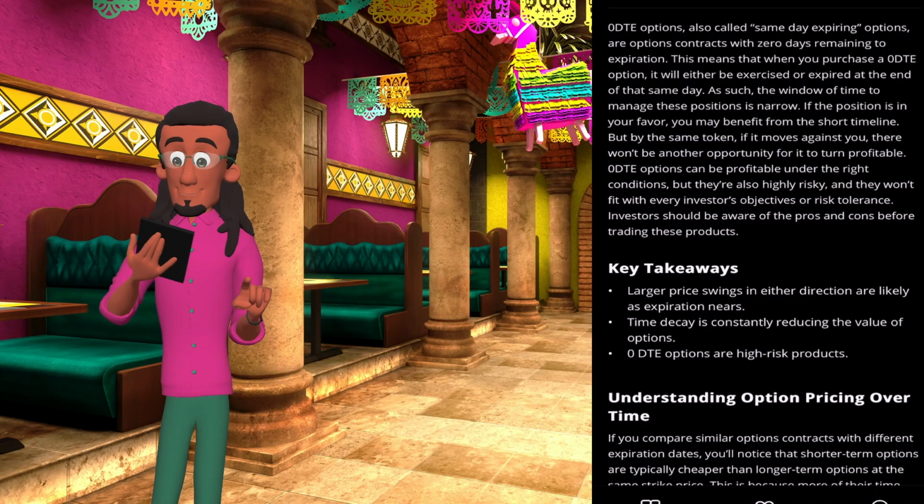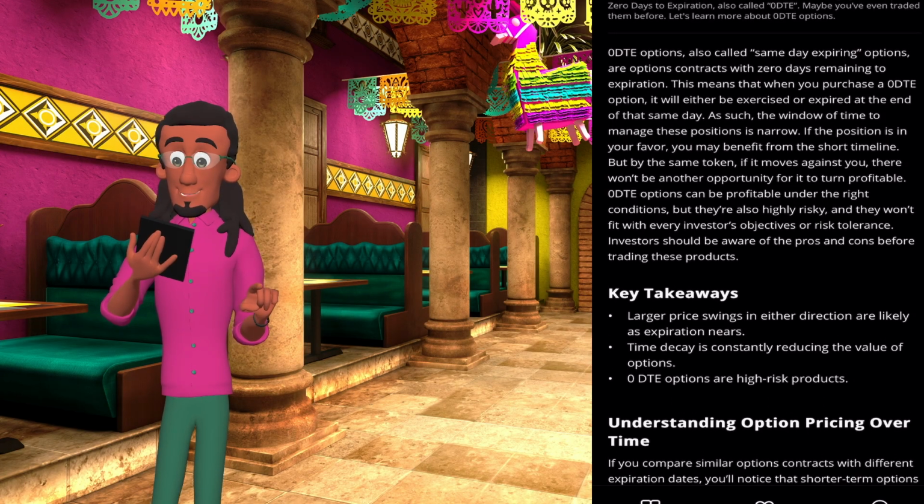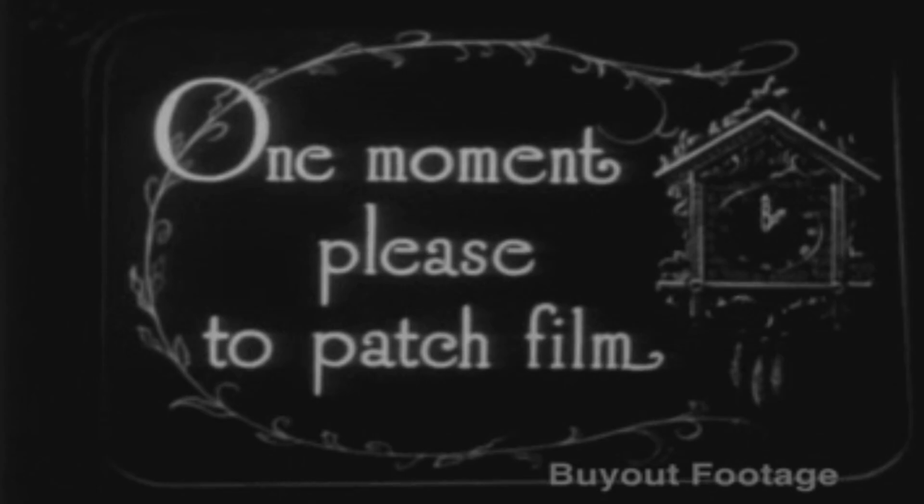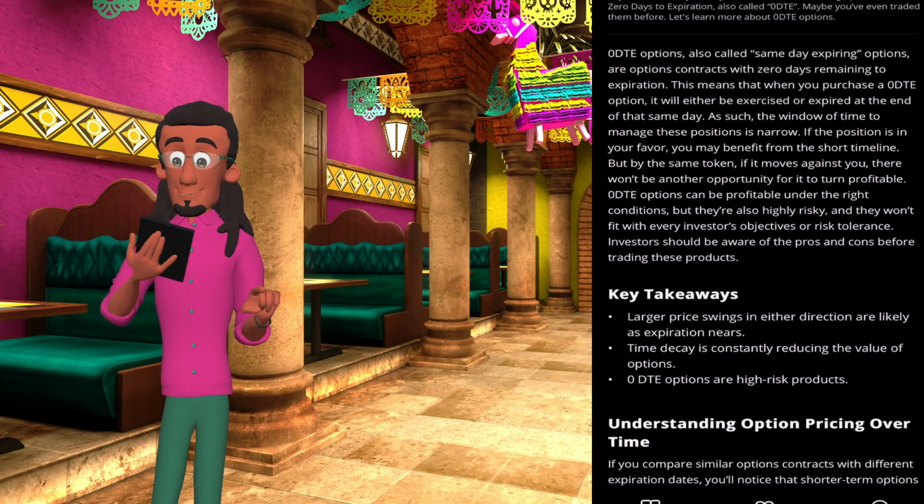to expiration. This means that when you purchase a 0 DTE option, it will either be exercised or expired at the end of the same day. As such, the window of time to manage these positions is narrow. If the position is in your favor, you may benefit from the short timeline.